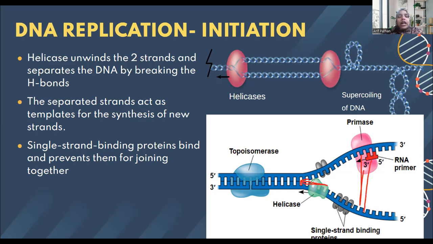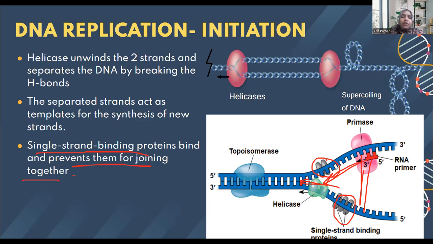Okay, so till the replication happens, you have single stranded binding proteins. You can see over here in this picture, these gray colored protein molecules. These single stranded binding proteins will hold these strands separately till the daughter strands are being made over here. It will prevent them from joining together.